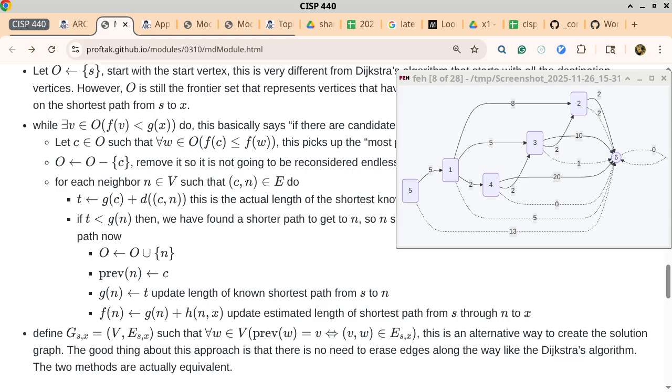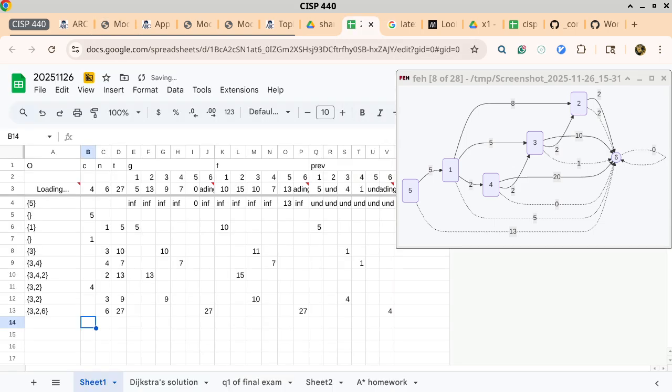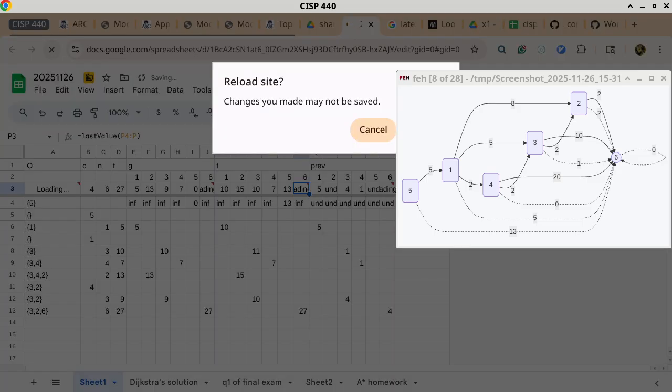Not so much this time, because this time we are now looking at 3, 6, and 2. So we are looking at f of 2, f of 3, and then f of, why is this not updating? Ugh. Okay, refresh.